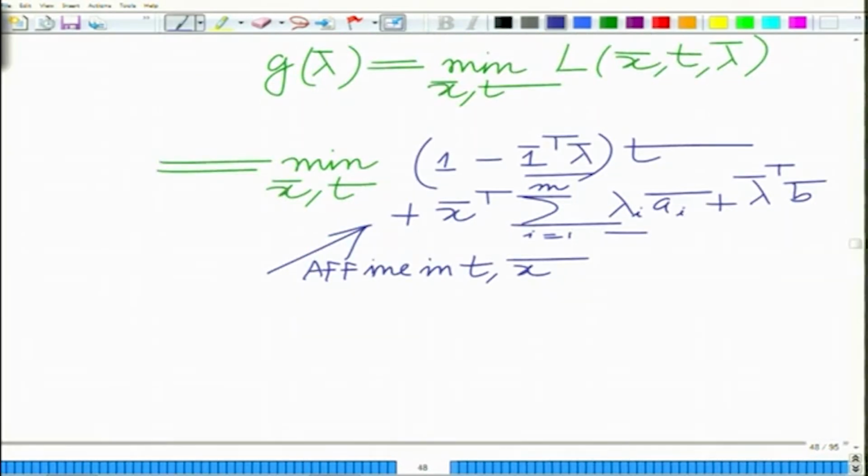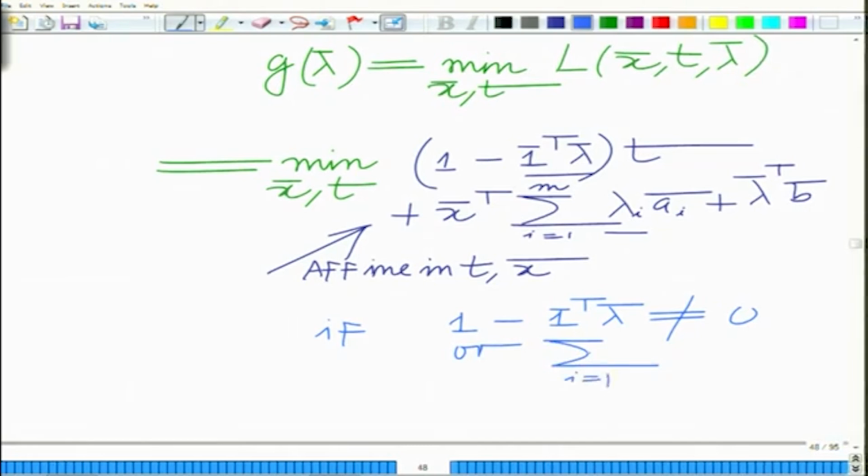So if 1 minus 1 bar transpose lambda bar is not equal to 0, or summation i equal to 1 to m lambda i ai bar is not equal to 0, that means g of lambda bar equals minus infinity.